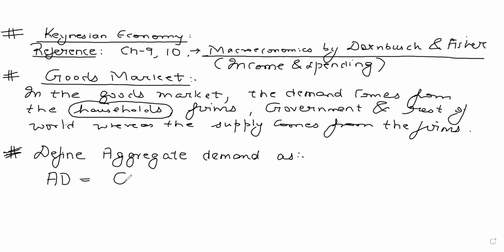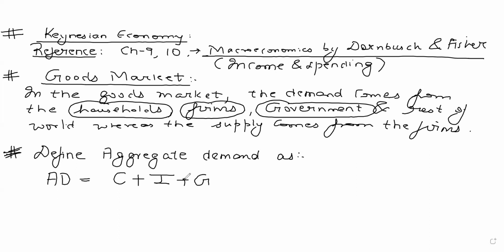Households demand consumption expenditure. Demand is also coming from the firms in the form of investment. Firms borrow money from the banks for investment. Demand also comes from the government in the form of government expenditure.